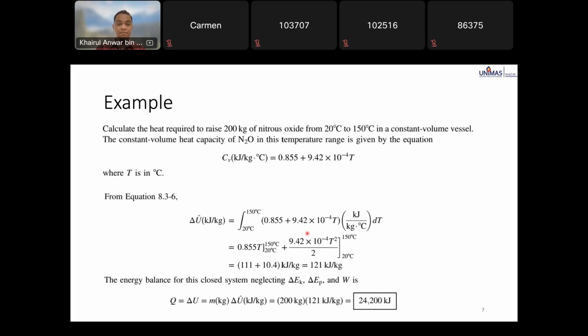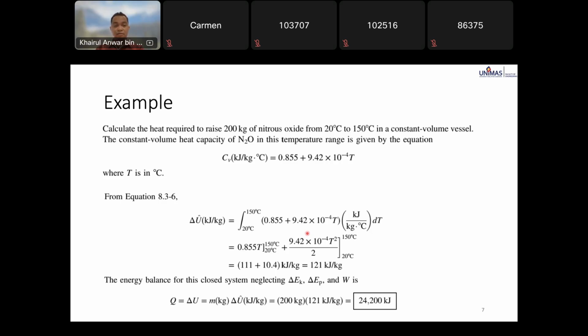Example. Calculate the heat required to raise 200 kg of nitrous oxide. This is a closed system. How do you know it's a delta U or internal energy? From 20 to 150 degrees C in a constant volume vessel.